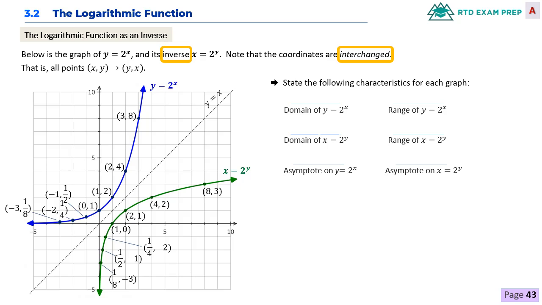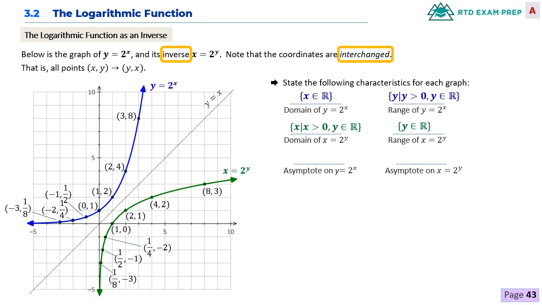And when we look at the characteristics of these two graphs, we'll see how they've changed. Our blue graph, the exponential one, had a domain of all real numbers, as exponential functions do, and had a range greater than 0. This is saying all values above the horizontal asymptote. Well, with our logarithmic function, our domain will be all positive values, so to the right of the vertical asymptote, and the range will be all values of y, all real numbers.